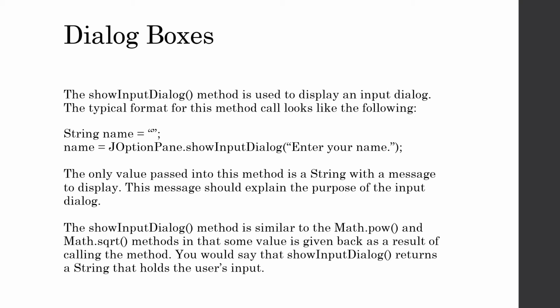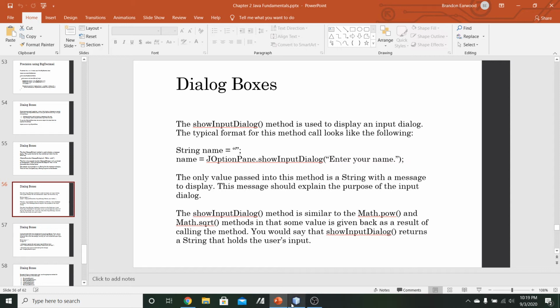And of course, in comparison, math.pow and math.sqrt return a double with whatever the result is of their operations. So that general word that you're looking for is returns. That tells you that you're getting something out of a method. So we'll go ahead and add this one in as well.